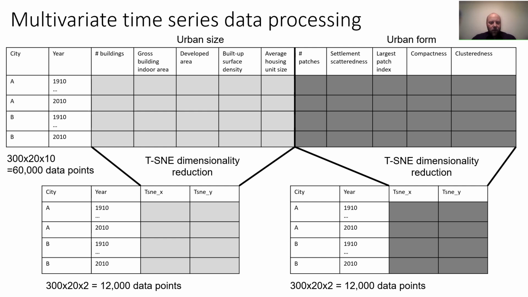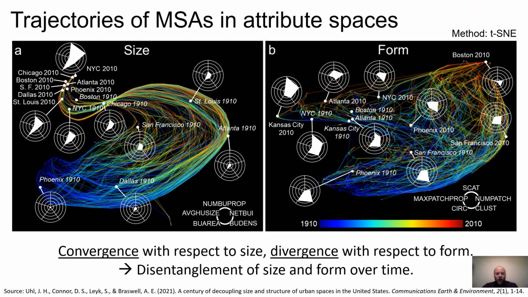So we have now for each city and each point in time a 2-dimensional data point, a coordinate, x and y. And what we can do now is map this in this 2-dimensional space.